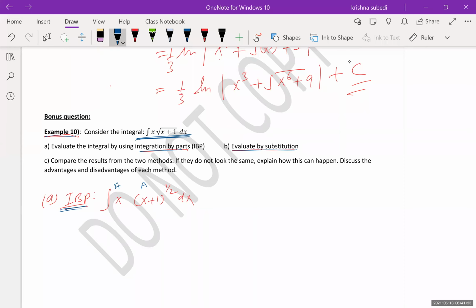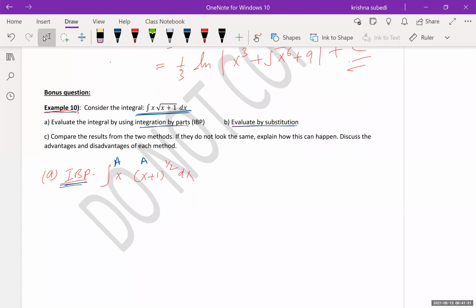One very important question is that if you want to use IBP, both are algebraic functions. So which one will be u and which one will be dv? Remember what we discussed at the beginning of the class: we suppose u such that when we take the derivative, it becomes simpler and simpler.